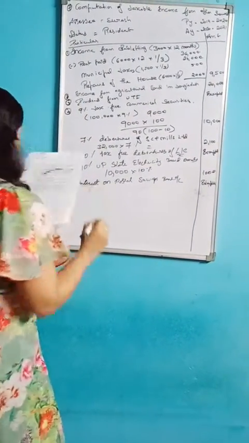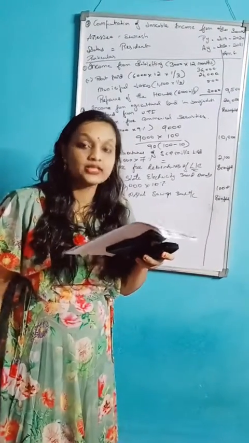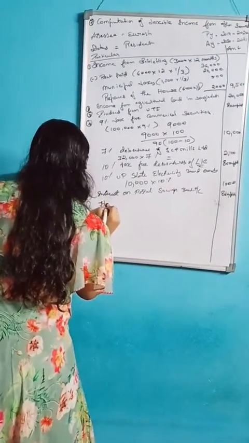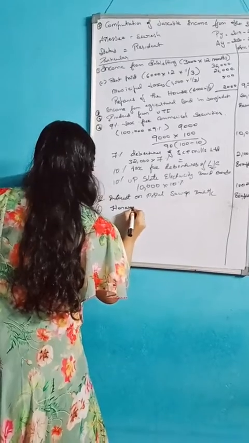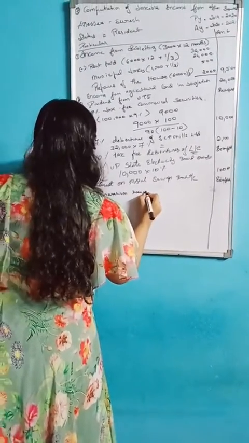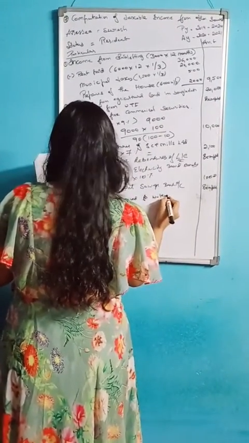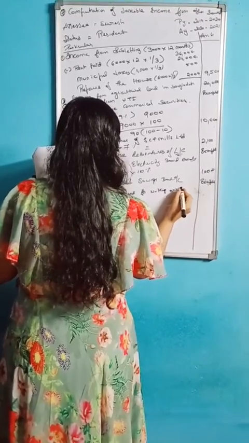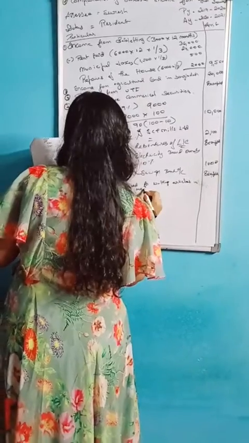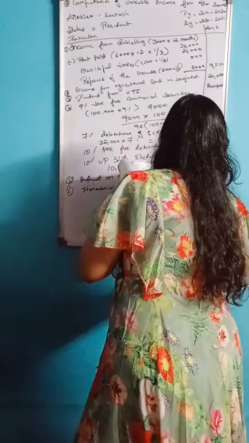The next point is honorarium received for writing articles in magazines, rupees 1,000. It's taxable. So honorarium received for writing articles in magazines is 1,000.